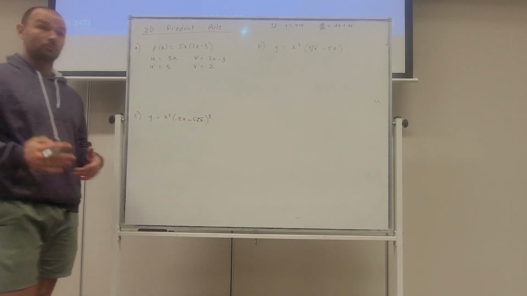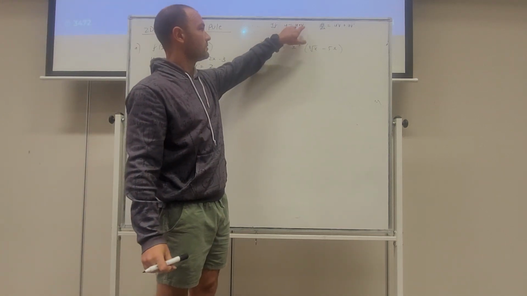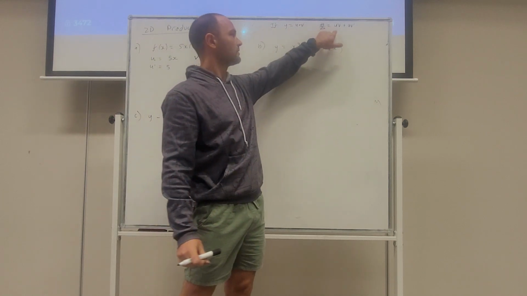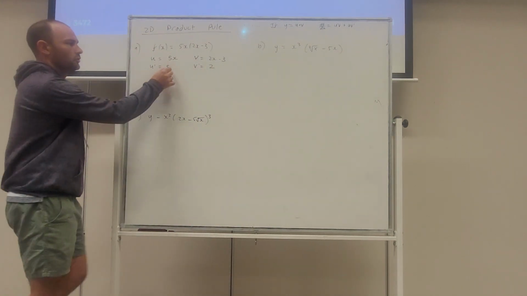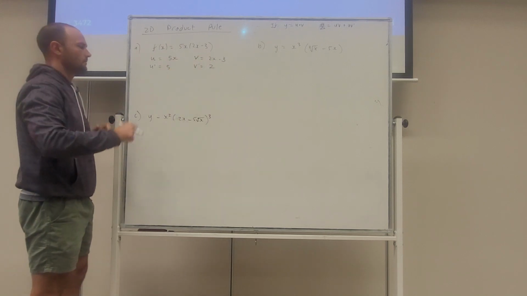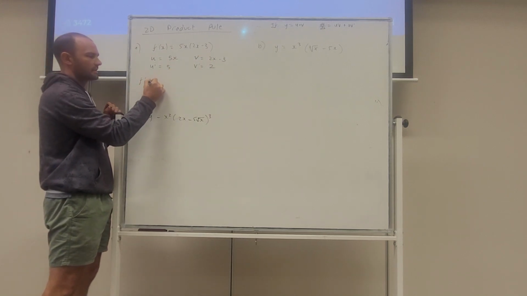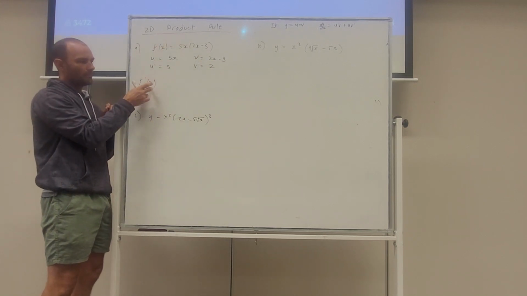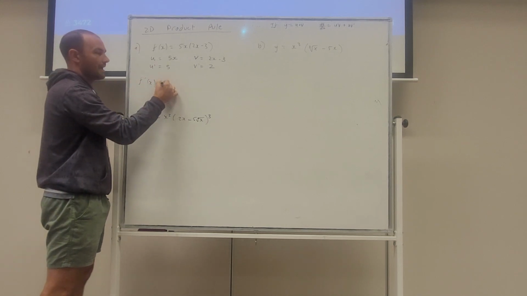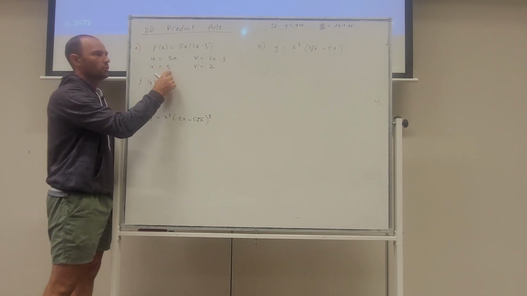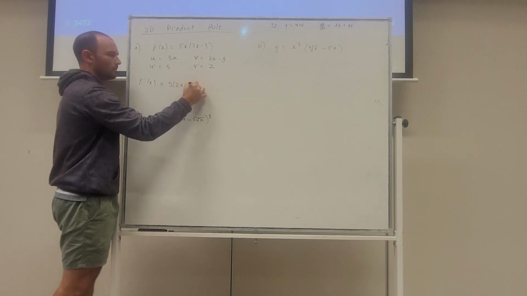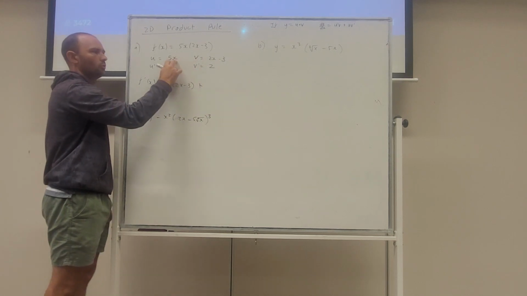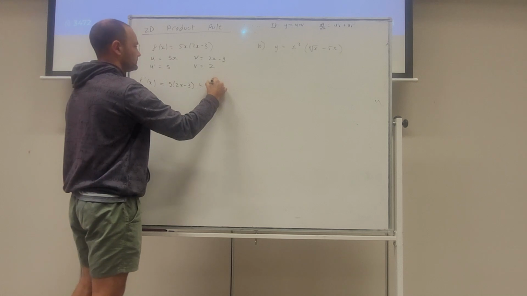And then we just follow the rule. If we have y is u times v, then the derivative is u dash v plus uv dash. So here's f of x, we're moving to f dash of x. F dash of x is u dash v plus u v dash.